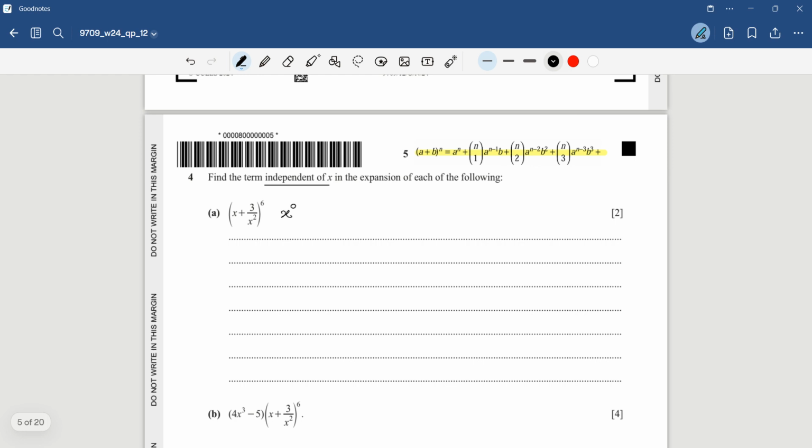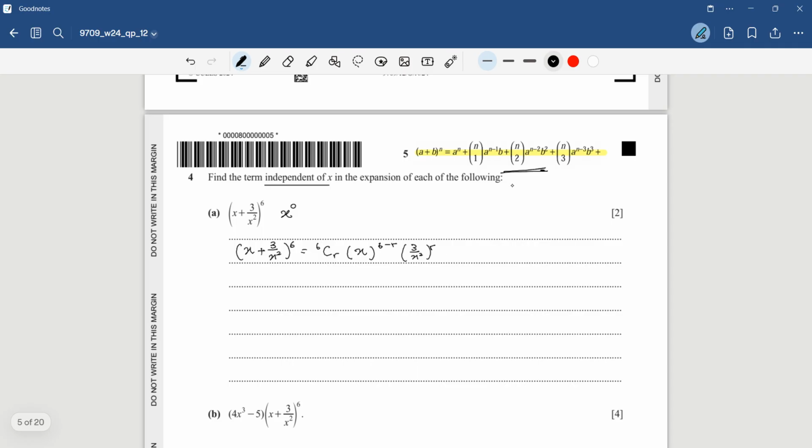So here we just write it: x plus 3 over x squared, to the power of 6. If I just take the general formula, it's going to be 6Cr, bracket, my a here is x, so x to the power of 6 minus r, bracket, b is 3 over x squared, to the power of r.